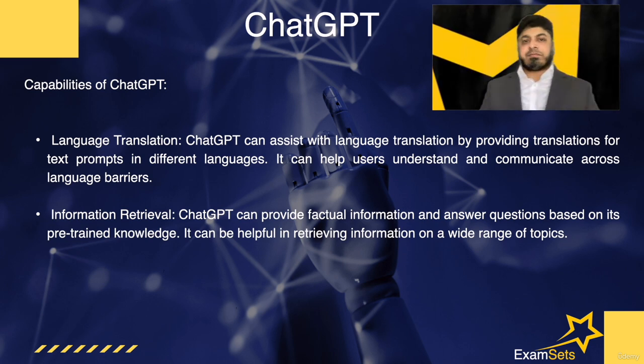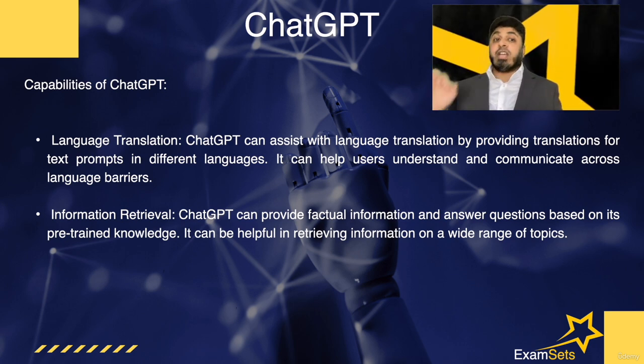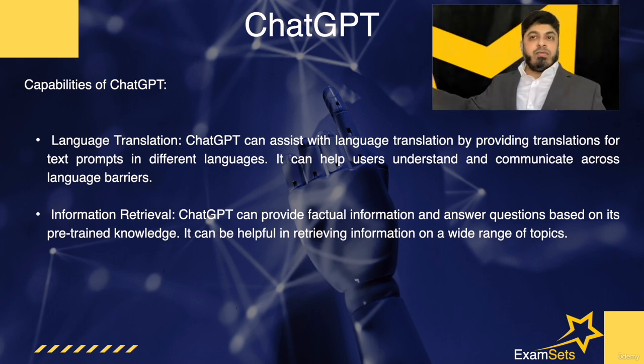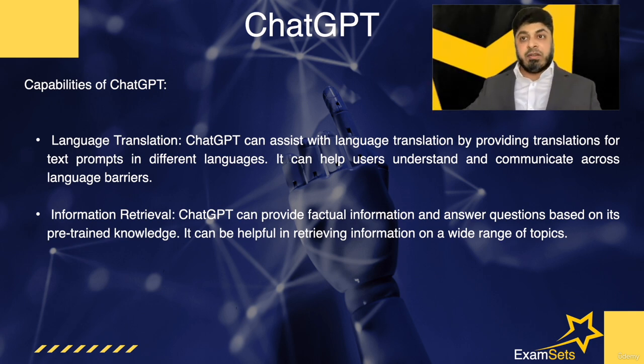Information retrieval. ChatGPT can provide factual information and answer questions based on its pre-trained knowledge. Whatever data we give, based on that data, it has been trained.